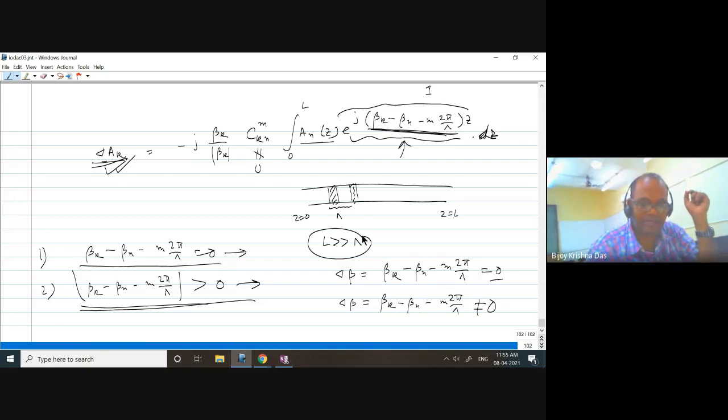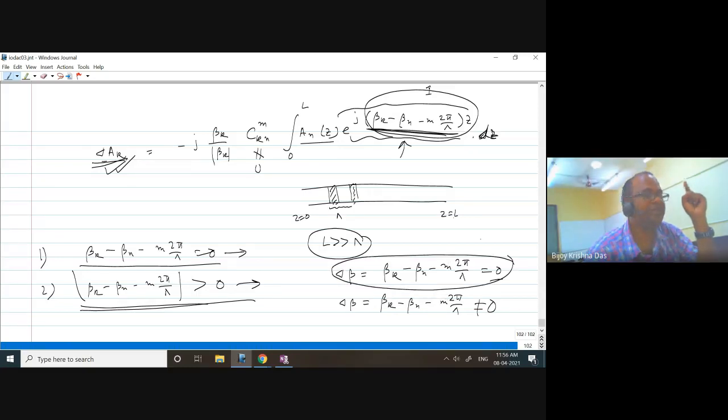So my point is that if you want effective coupling between two modes, the first thing you should keep in mind is that this phase part should match. At least that should be 0. That is the so-called phase matching condition. And since you are integrating along the Z direction, it is called longitudinal phase matching.